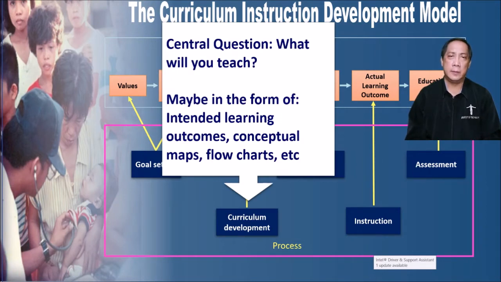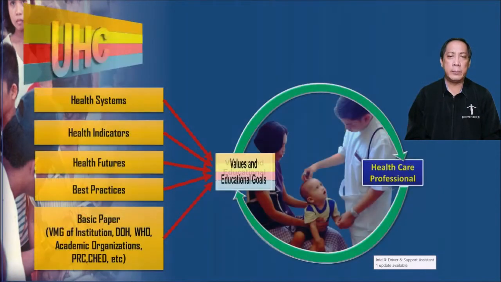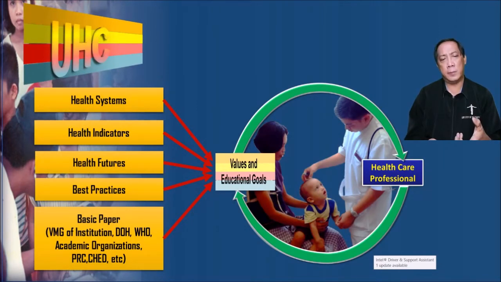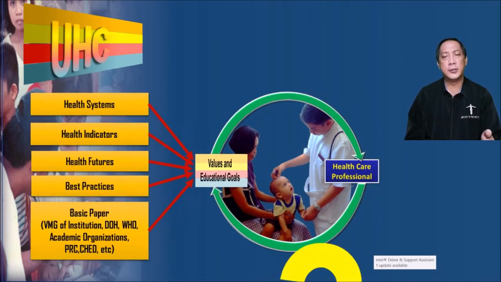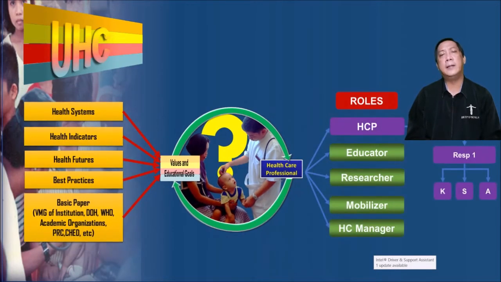Going back here, from the systems, from all the information on the right side, you go to the values and goals, and then you go to the healthcare professional. And all of the information that you gathered should help you identify the roles and the responsibilities of your health professionals. Are all these roles to be played at the healthcare facility setting, or are some of these roles best performed at the community setting?